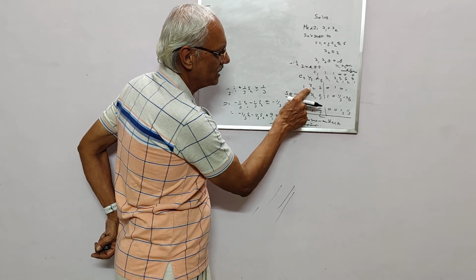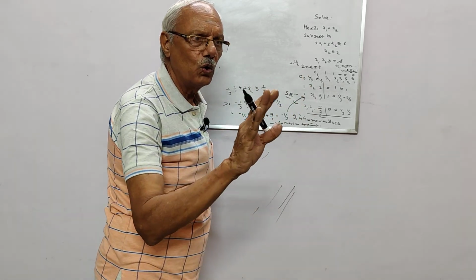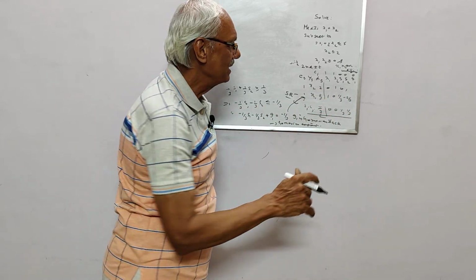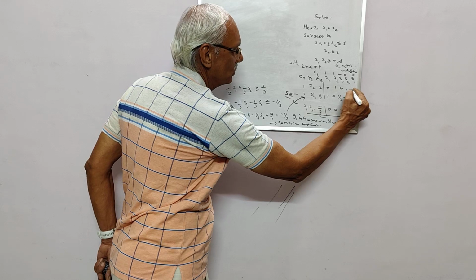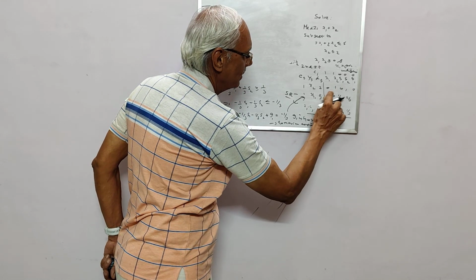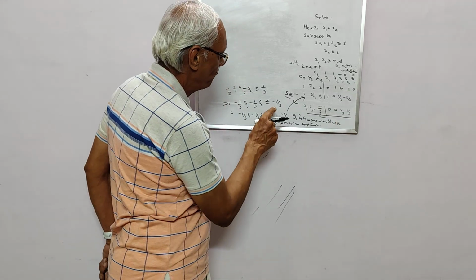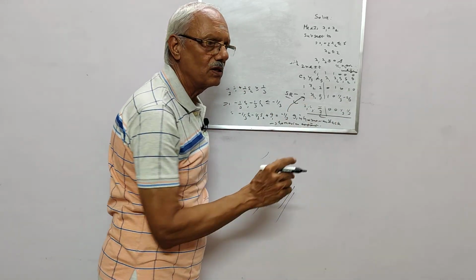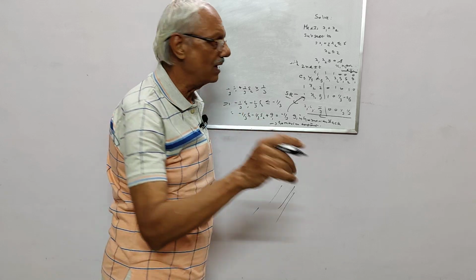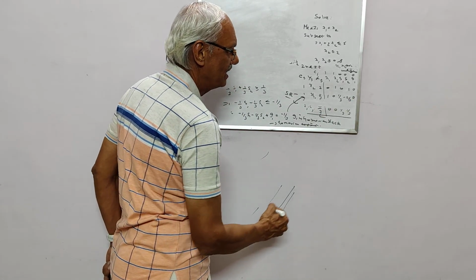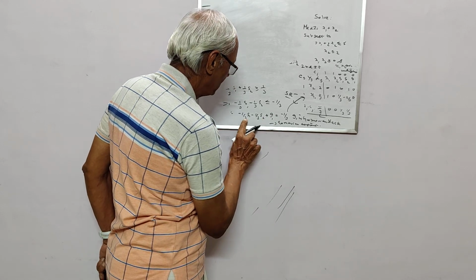In x2 there is no Gomorian slack coming, therefore its coefficient is 0. So here it is 0, 0, 1, 0, 1. And for x1 also no Gomorian slack comes, so it is 0.